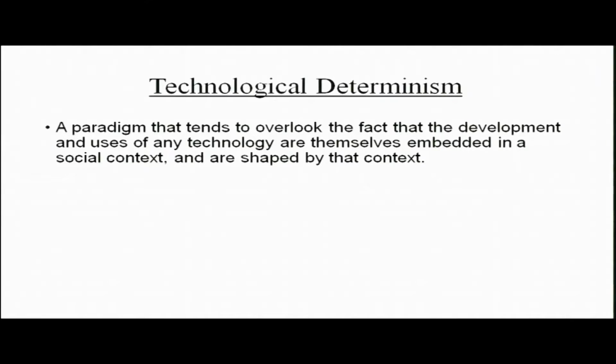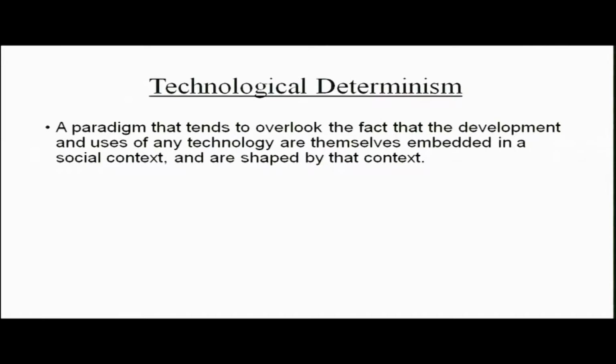With this we come to another theoretical framework called technological determinism, which is a paradigm that tends to overlook the fact that the development and uses of any technology are themselves embedded in a social context and are shaped by that context.